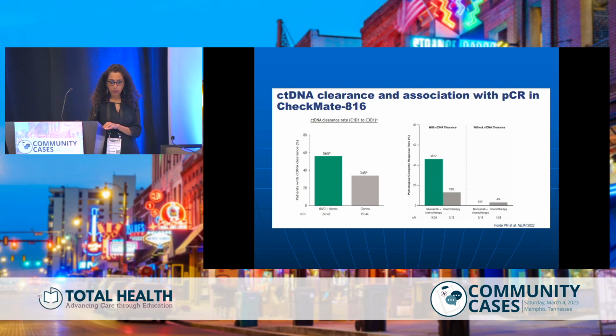In this particular case, it was not a primary objective, but this was definitely helpful. Patients who cleared the ctDNA after the combination or any neoadjuvant treatment tend to have a very high pCR. So ctDNA can be extremely useful, and I use it in clinic in many circumstances, and we can talk about that at a later time.